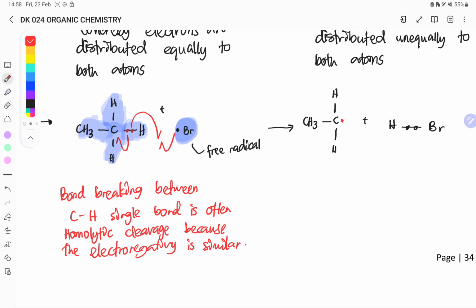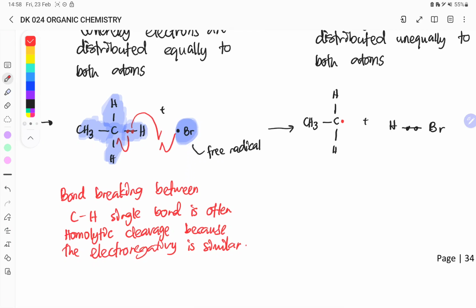If I were to check the electronegativity, let me just check kejap. So untuk karbon 2.55, untuk hidrogen 2.20.